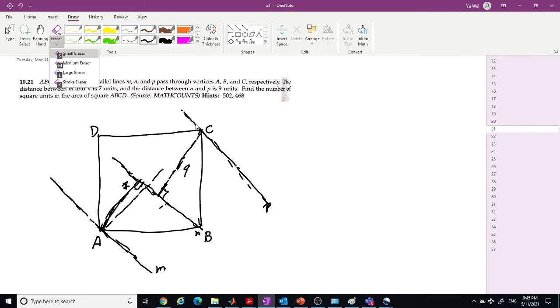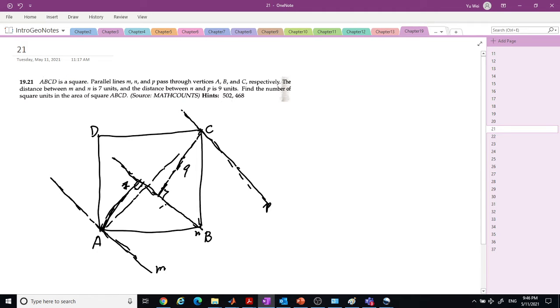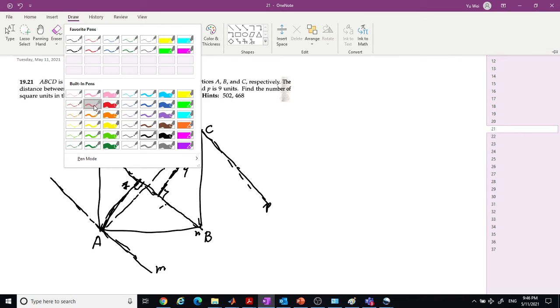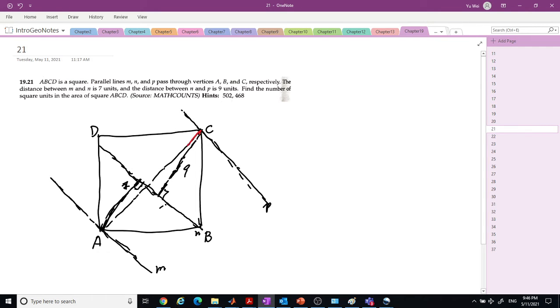So we need to find some similar triangles. Okay, so here is the similar triangle. Let's connect the diagonal. Right? So we have 90 degrees, 90 degrees, and this angle equals this angle.